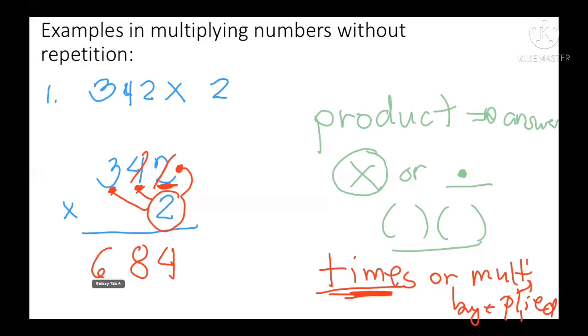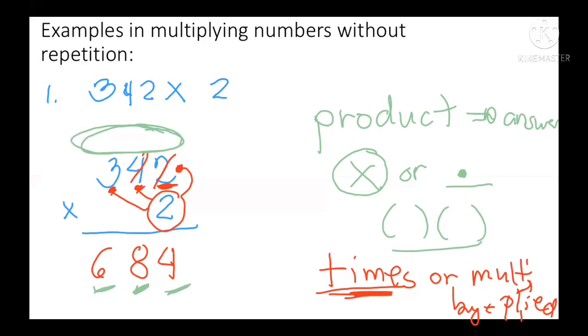Correct? So this is what we call multiplying numbers without repetition. Without means we don't have any number here, because our answer is exactly 1 digit only. 2 times 2 is only 4. 2 times 4 is 8. 2 times 3 is 6. So that's what we call multiplying numbers without repetition.